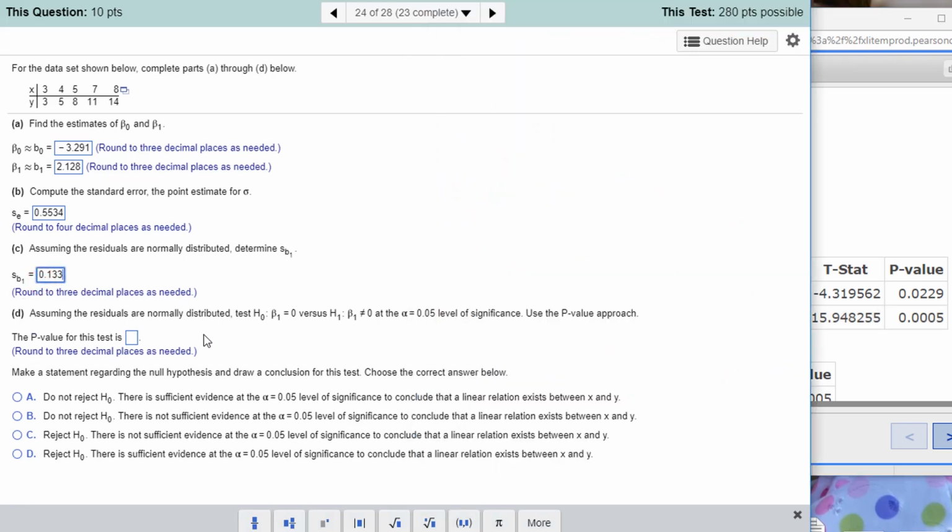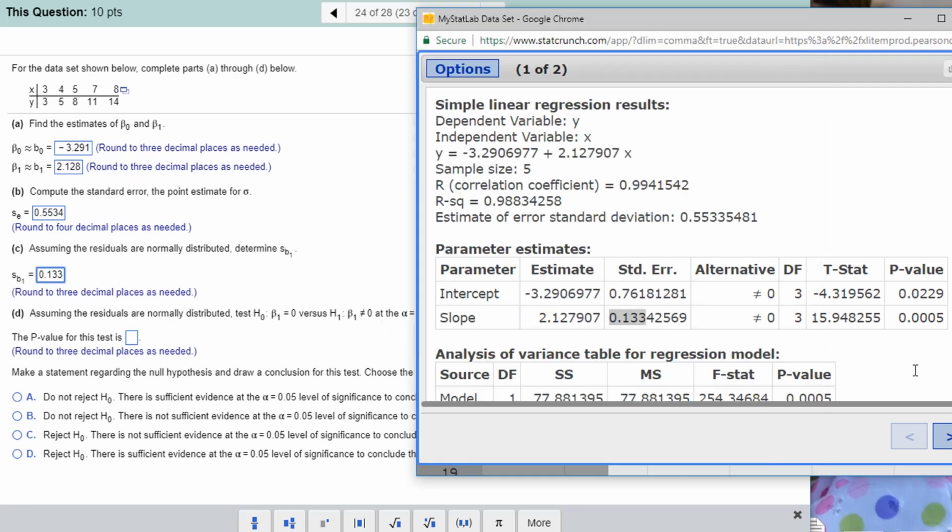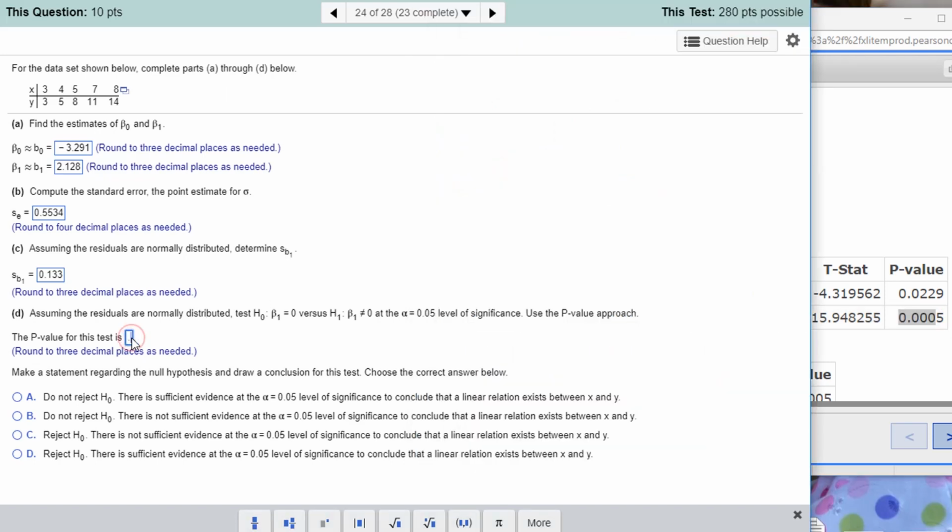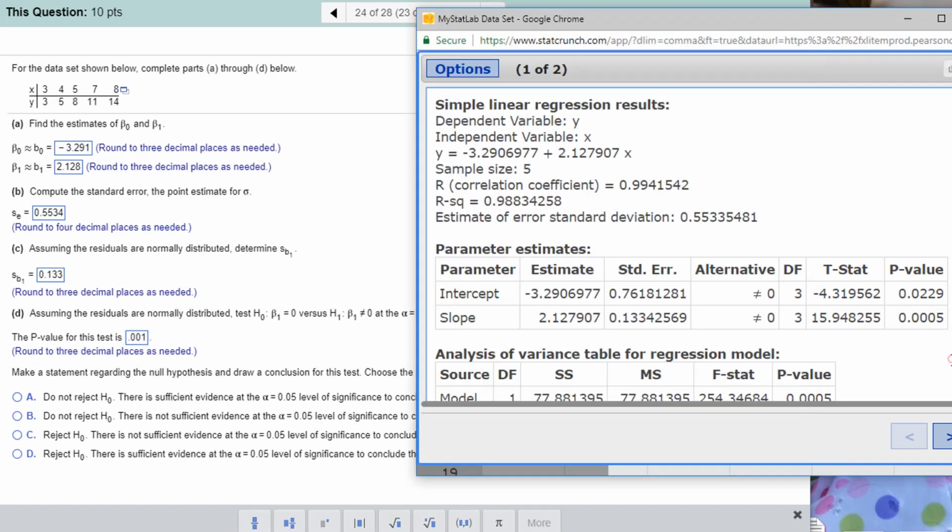Assuming the residuals are normally distributed, test the null hypothesis beta 1 equals 0 versus beta 1 not equal to 0. The p-value is given to you at the bottom of the table. It's right here. It's really small. 3 decimal places would round to 0.001. So that's my answer. This is saying, could the slope possibly be 0?